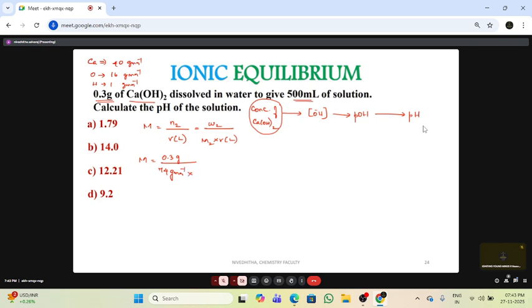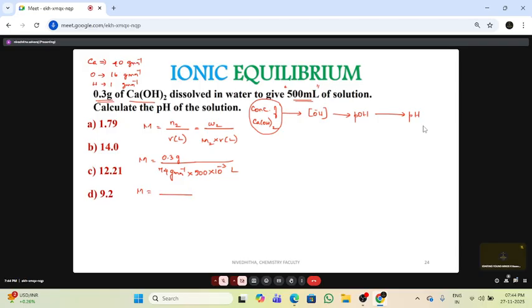And what is the volume of the solution? They've given us 500 ml and we have to express it in liters. So 500 into the value of milli, which is 10 power minus 3 liters. That's it. So if you simplify this, you'll get the concentration of calcium hydroxide.